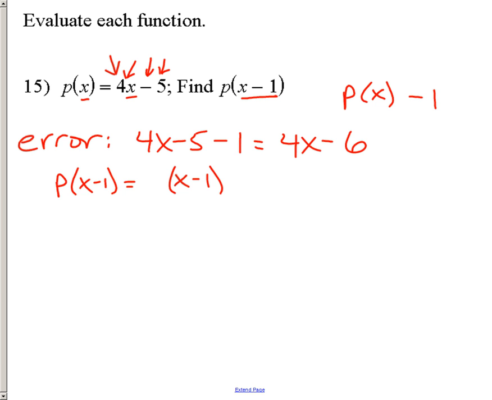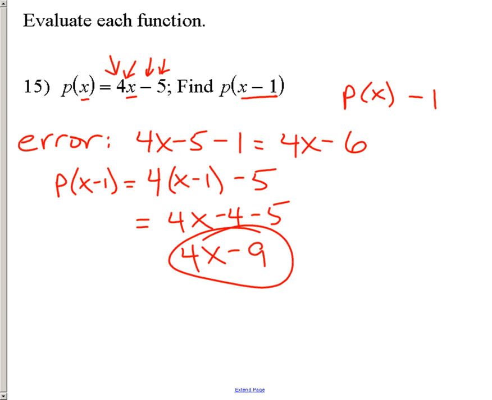And what we're supposed to do in that Midas muffler shop is attach 4 to the thing with multiplication and then subtract 5. So it's 4 times the thing minus 5, or 4x minus 4 minus 5, 4x minus 9.